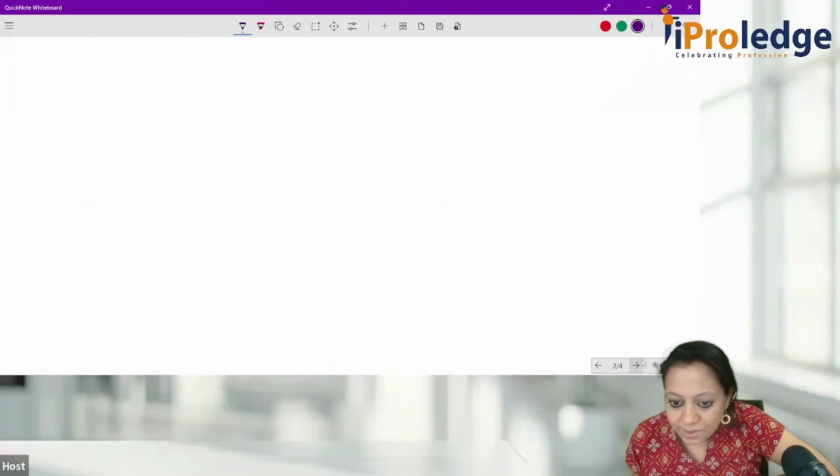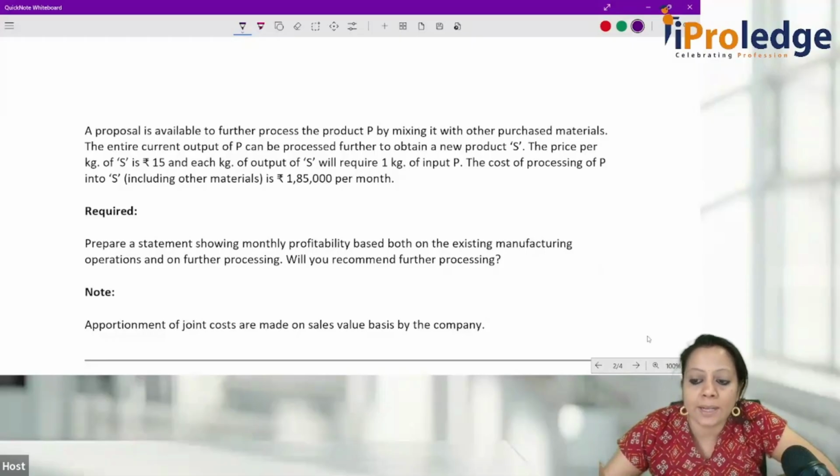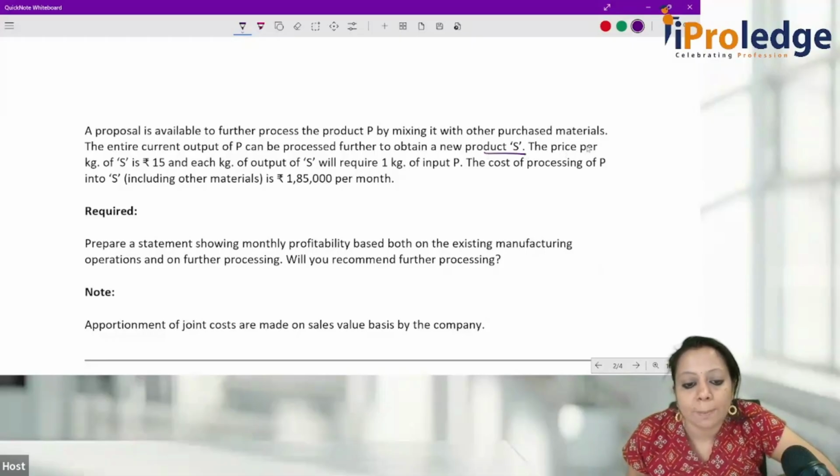So then a proposal is available to further process P by mixing it with other purchased materials. The entire current output of P can be further processed to obtain a new product S. The price of S is 15 per kg, and the output will require 1 kg of input of P. The cost of further processing is 1,85,000.